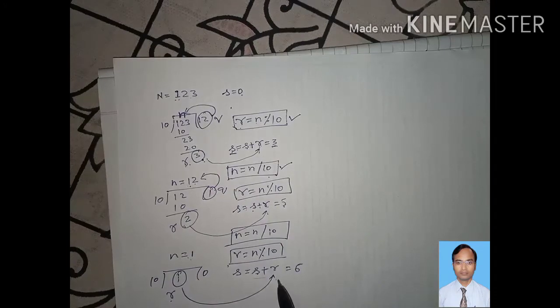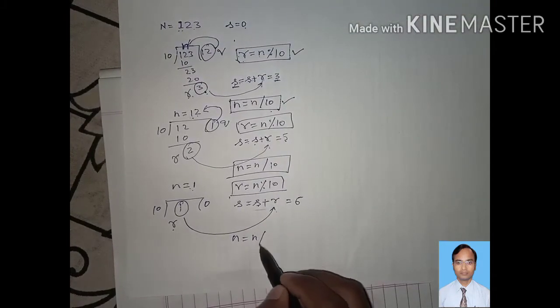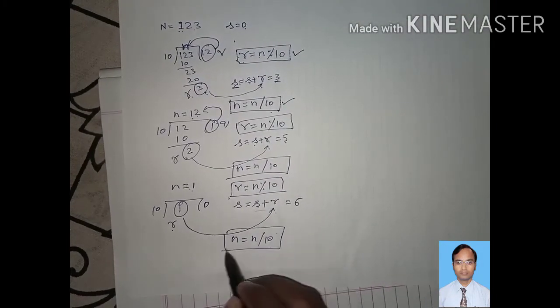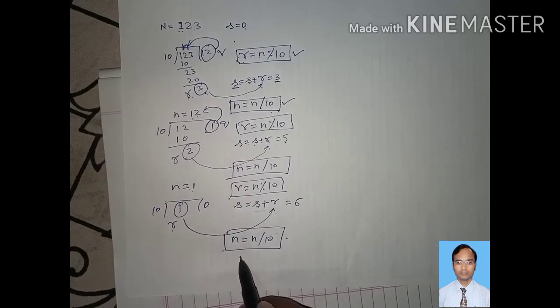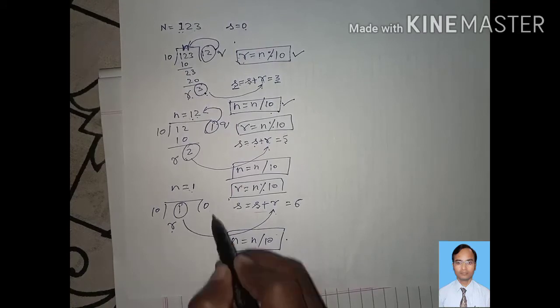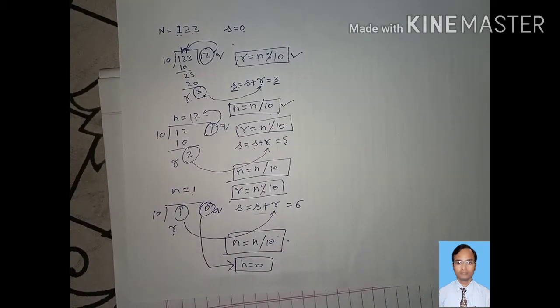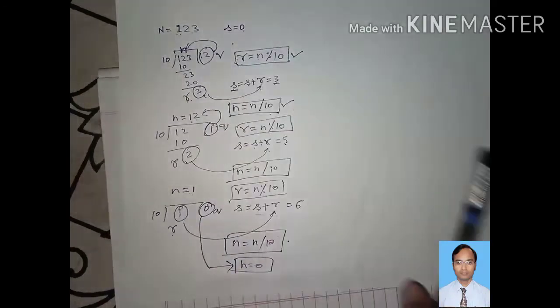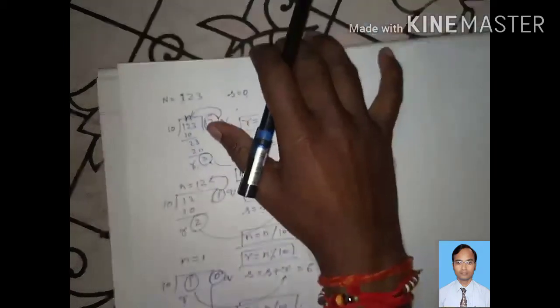And after this addition again we can perform n is equal to n divided by 10. If we use n is equal to n divided by 10, here we have n is equal to 0, because this is q and this will be n. If we have n is equal to 0, we will stop all this addition, all this division operation.